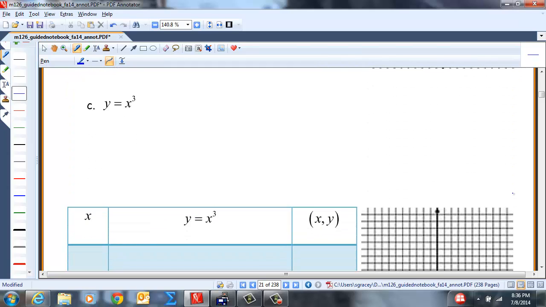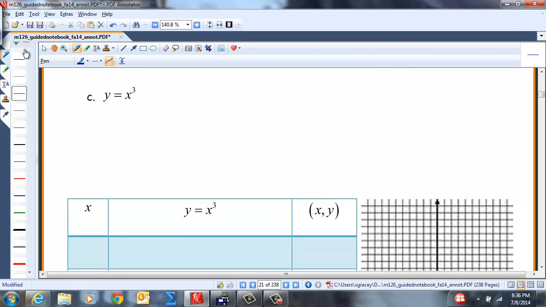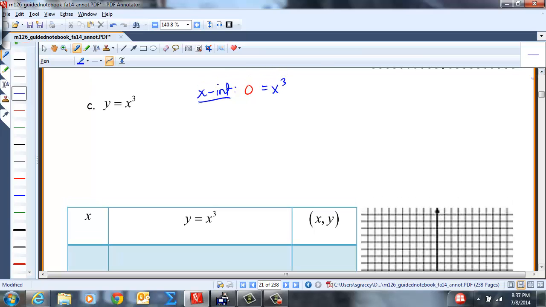So this one here, y equals x cubed. So we'll get our intercepts. The x-intercept will be setting y equal to 0 and solving. We have a cube, so if we cube root both sides, we will get 0 equals x.